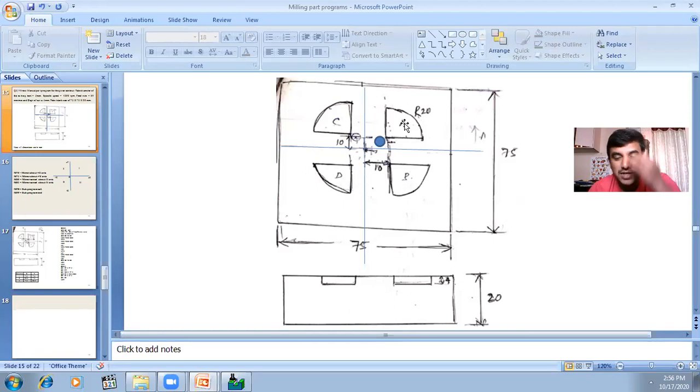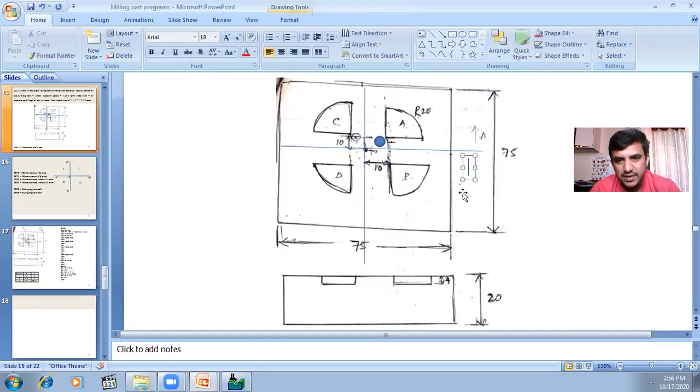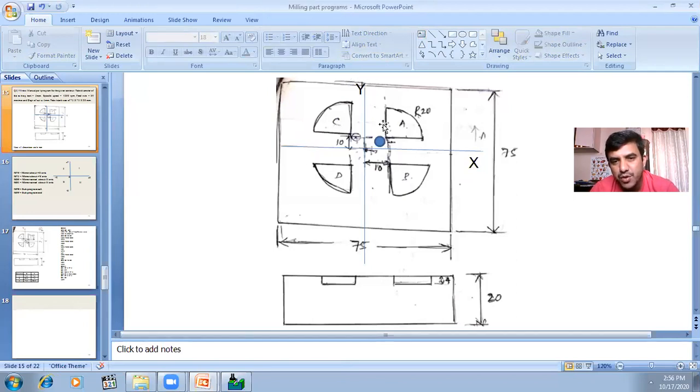See the first pattern, just write the program only for the first quadrant, that portion.